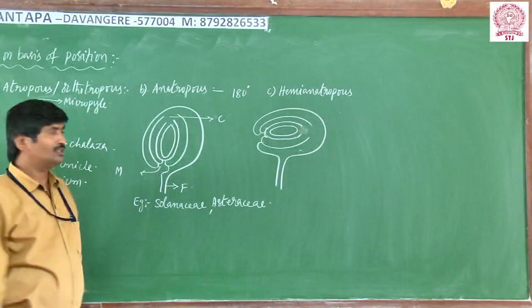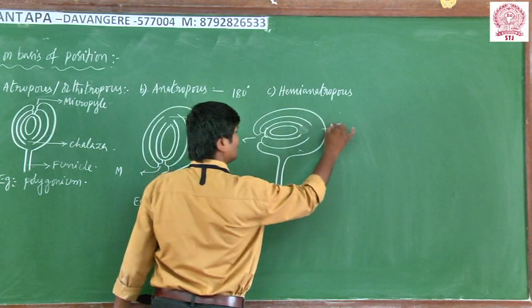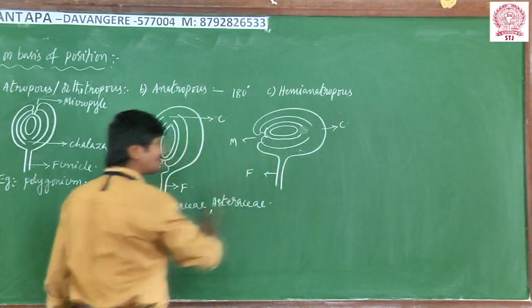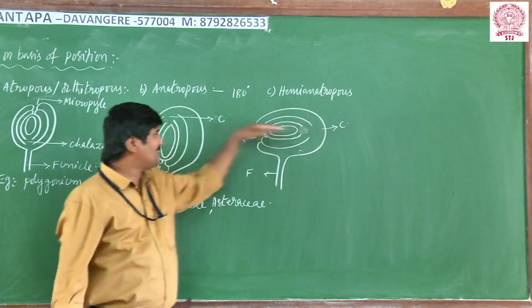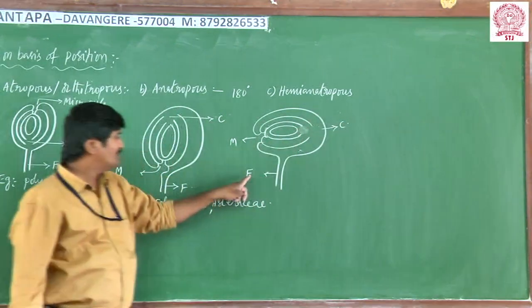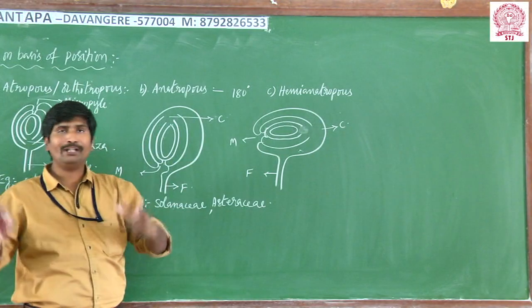This one: micropyle, chalaza, and funicle. The micropyle and chalaza are arranged on a horizontal line, in a horizontal position, and the funicle is here. The entire ovule body is at a right angle to the funicle.